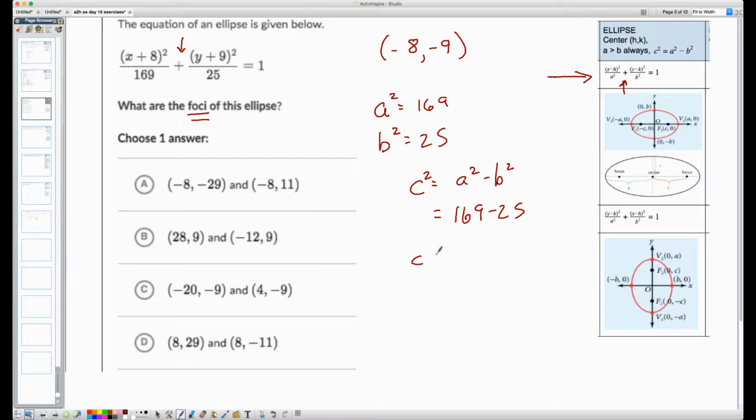So c is equal to plus or minus 12, the square root of 144. And the c is going to be in the direction of the x. So I'm going to take negative 8 plus 12, negative 9, and I'll take negative 8 minus 12 and negative 9. So my answer is C.